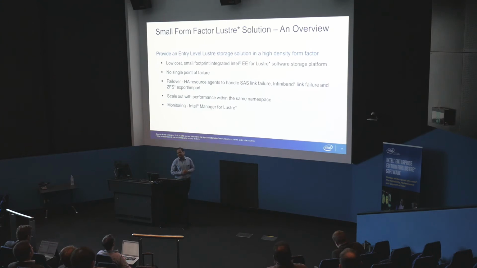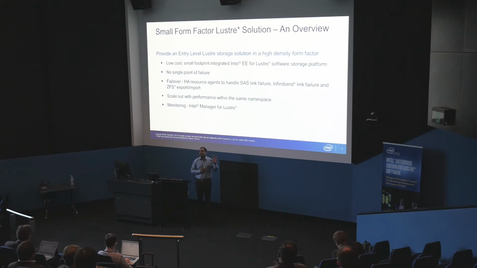As an overview, it's very low cost, small footprint, integrated with Intel Enterprise Edition Lustre. Of course, though this evaluation is based on Enterprise Edition Lustre, we still have an option to replicate with Community Edition as well. No single point of failure. Failover enabled because we built some special HA resource agents to handle the ZFS export and import, or maybe the IP link failure in the backend, or maybe sometimes the OSTs or MDTs mount as read-only for no reason, where we don't have a track of it.